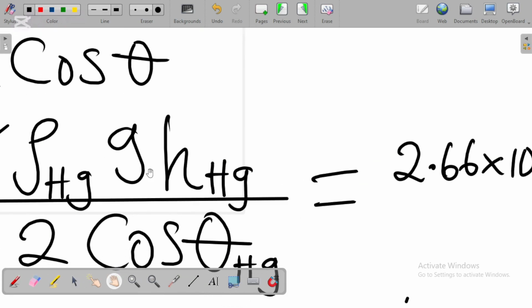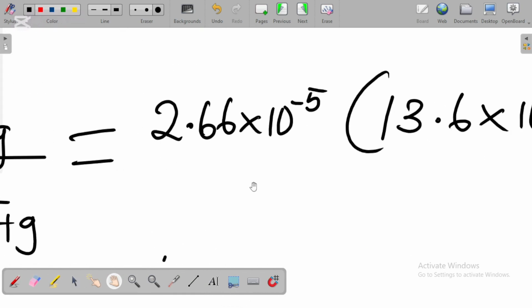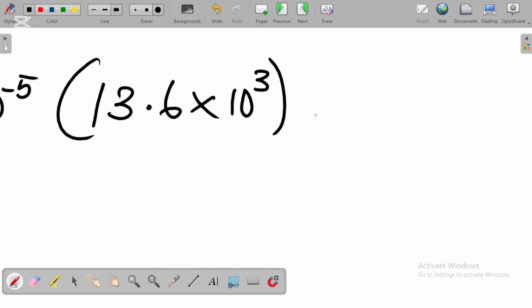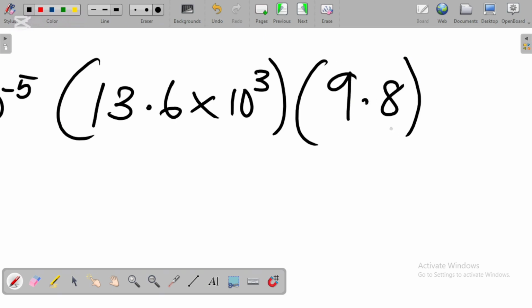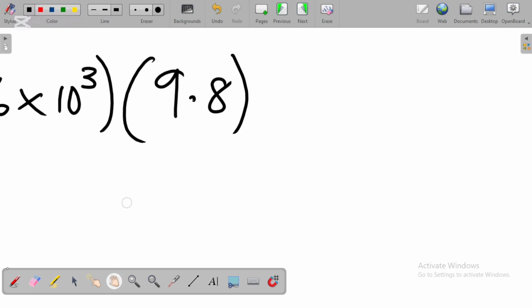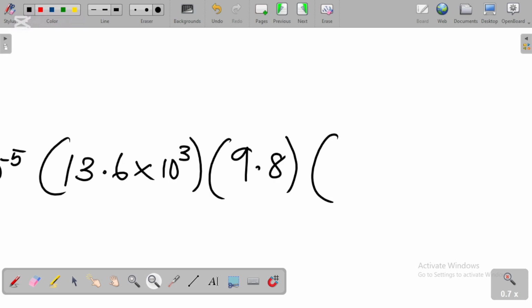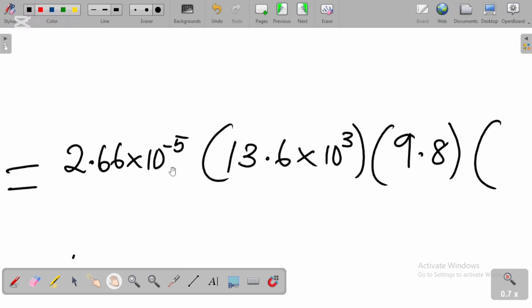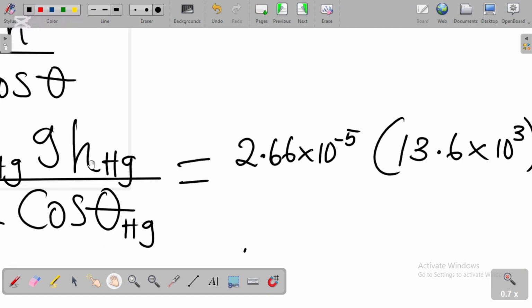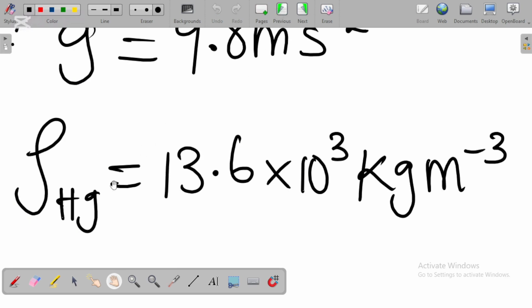The acceleration due to gravity, as given in the question, is 9.8. And then multiplied by, what's the last parameter given? Let me reduce the font so it can contain. The last parameter given here is the height of mercury. So what's the height of mercury?